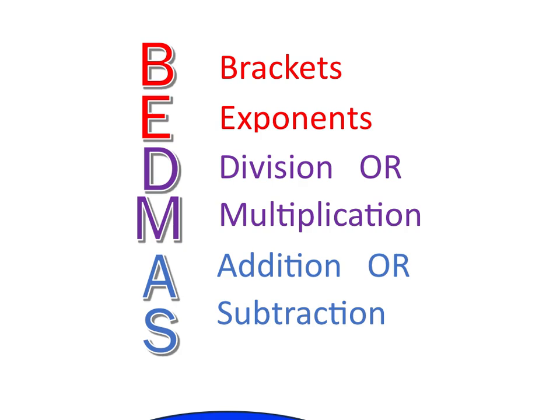The order in which we do division and multiplication is whatever comes first, left to right. They really happen at the same time. If you have addition or subtraction, it's whatever comes first, left to right.